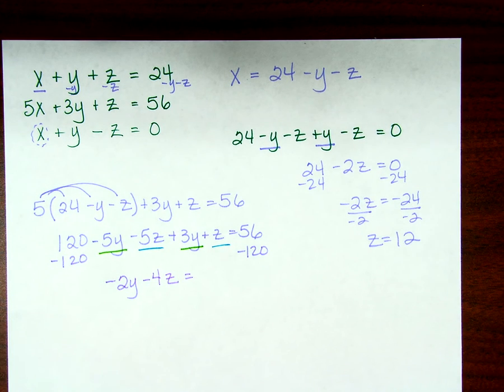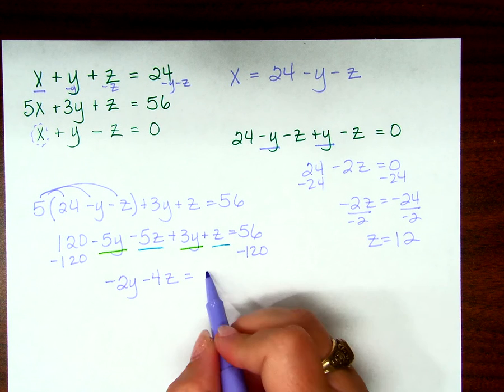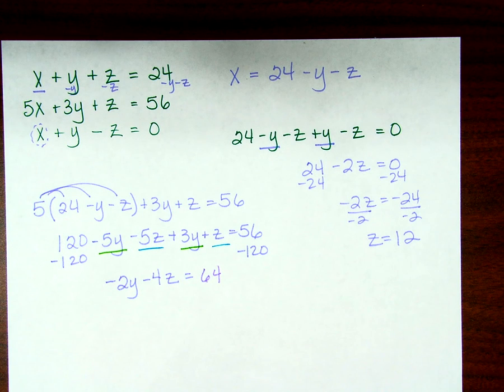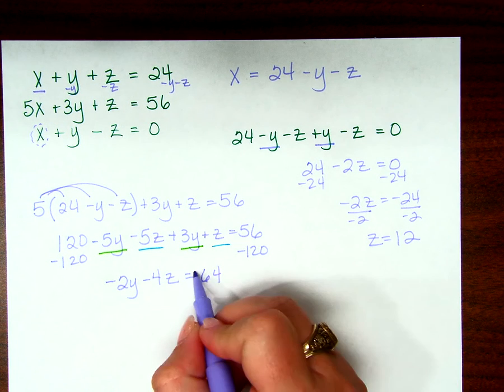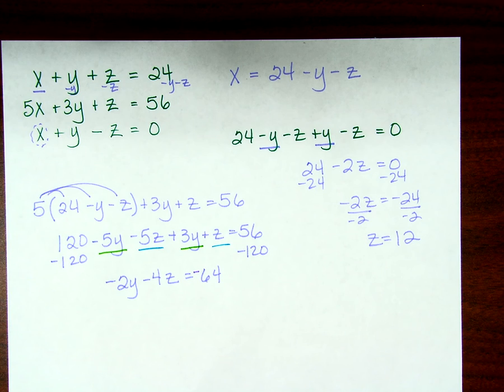And 56 minus 120? Negative 64. Do we need to check it? Right now, if we continue going with this, we're going to get the problem wrong, because it's negative 64. That's exactly right. So good job.